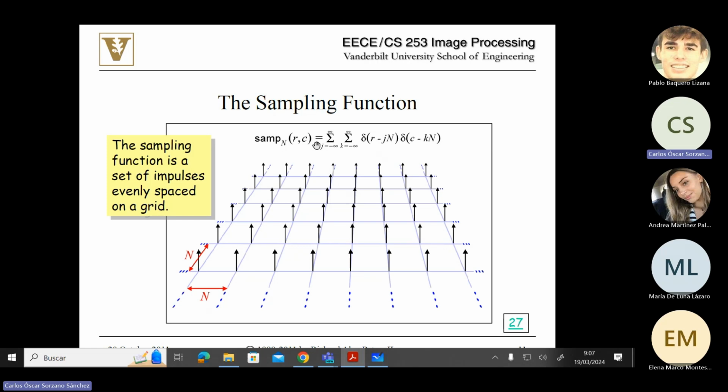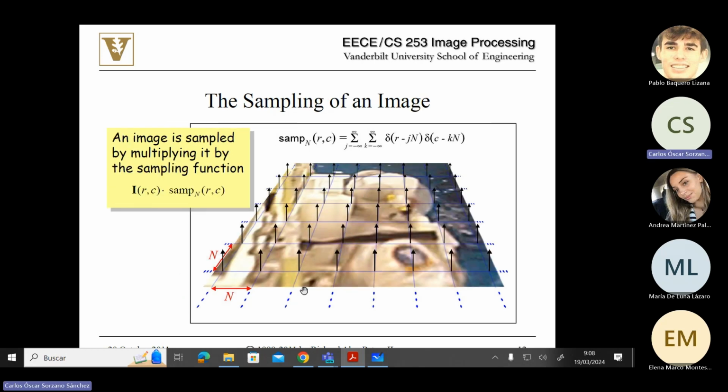So we have the comb in real space. The argument is real space. And we are multiplying the original signal by the comb.